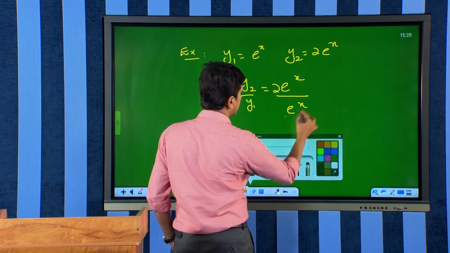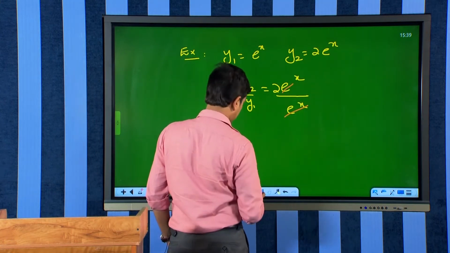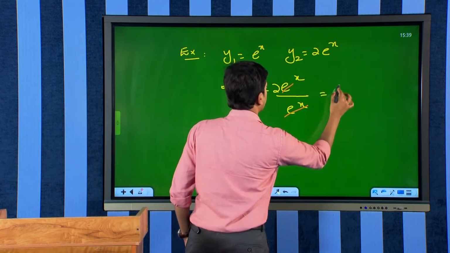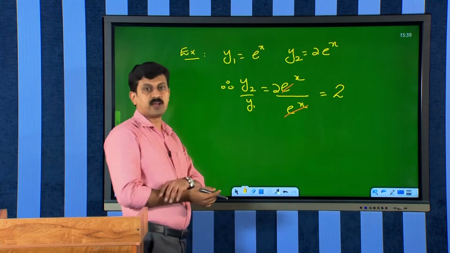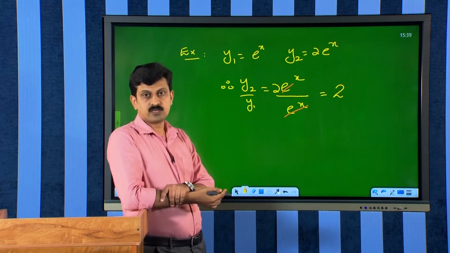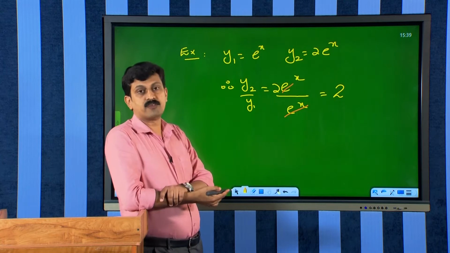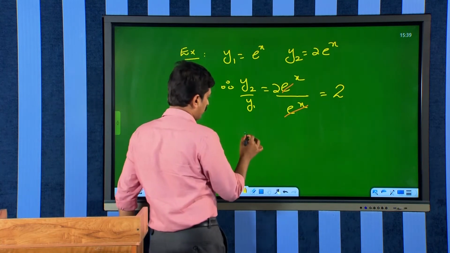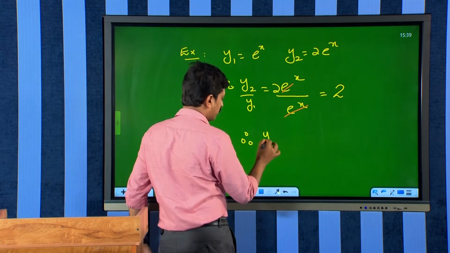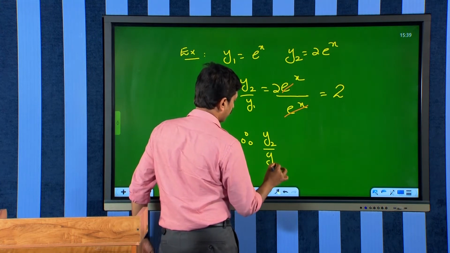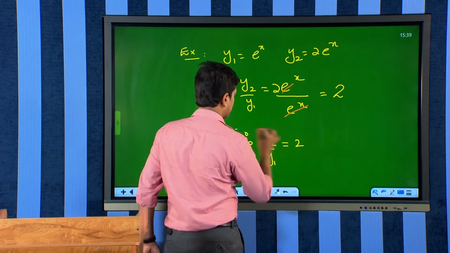We can cancel e^x and e^x, and finally the value is 2. Therefore y2 divided by y1 is equal to 2.